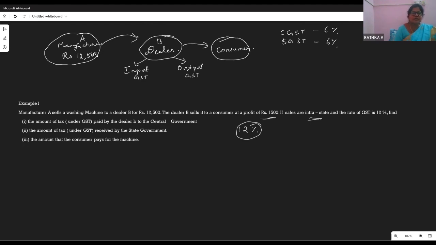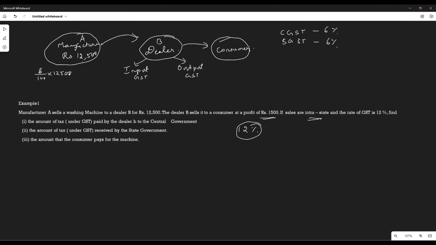So he is going to get 6% of this amount, whatever amount he is using, that we calculate. So 6 by 100 into 12,500. So 750, madam. Rupees 750.